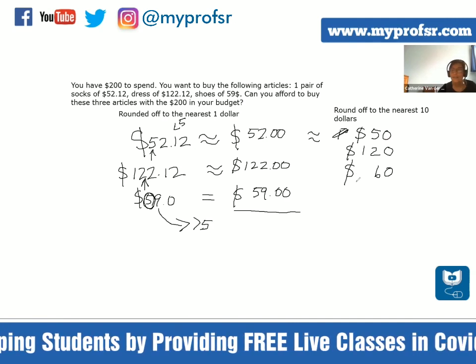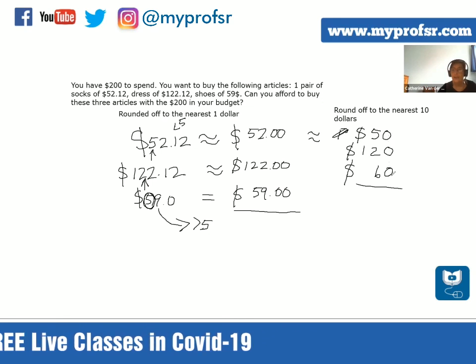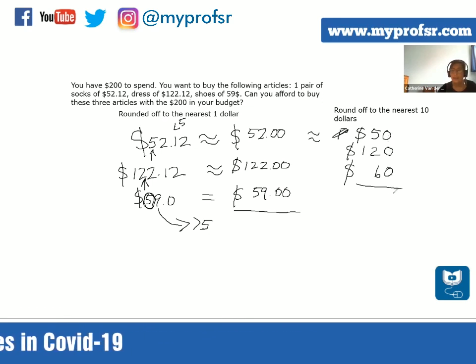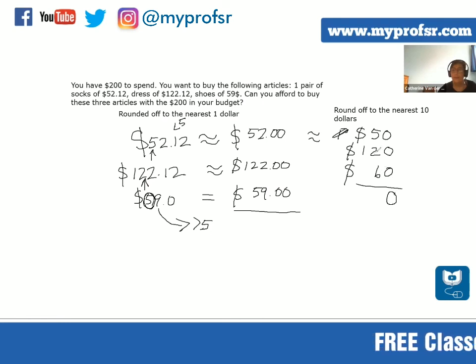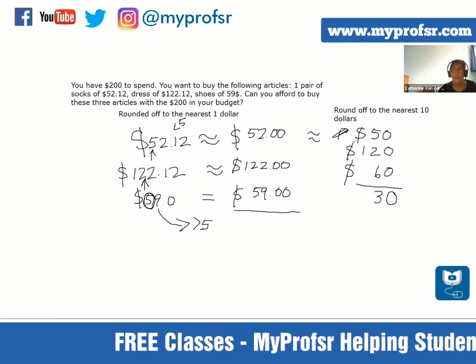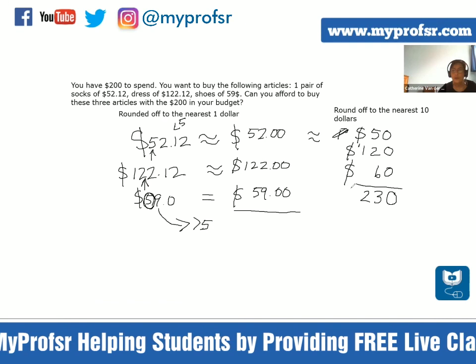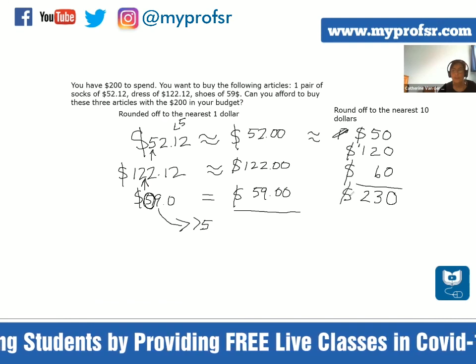Thank you, X. And when we add this together, we have 0, and it is 6 plus 2 is 8 plus 3 is 13, and it is $230 approximately.